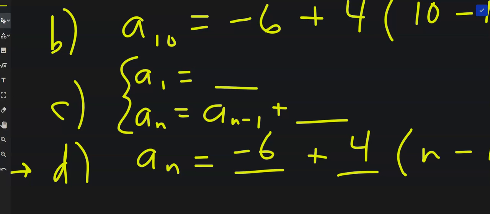So what goes in the first blank? -6, yes. The first term is -6. How much are we adding each and every time? 4. Once again, that's only useful, in my opinion, for the first 4 or 5 terms. It's never going to be useful for the 150th term.